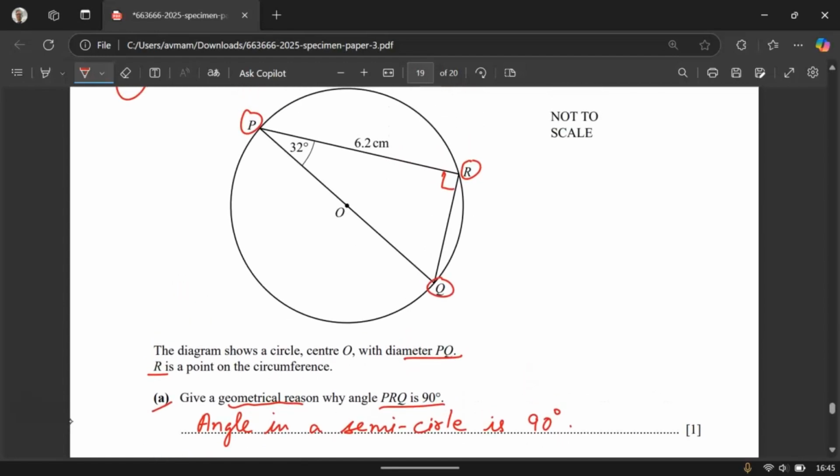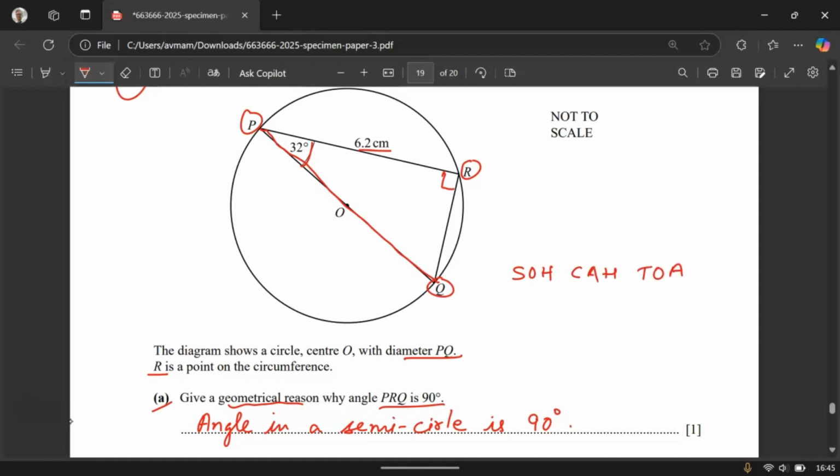Let's go back. PQ is this line over here, and since this is a right angle triangle, we have 32 degrees and 6.2 centimeters. The three trigonometric ratios: sine, cosine, and tangent. For sine, it is SOH, CAH, TOA.